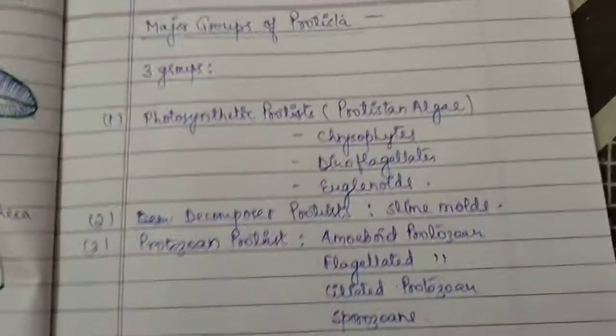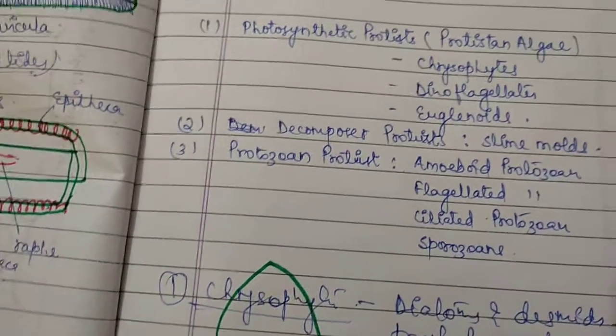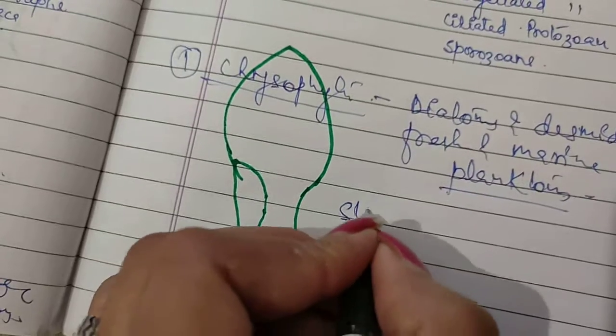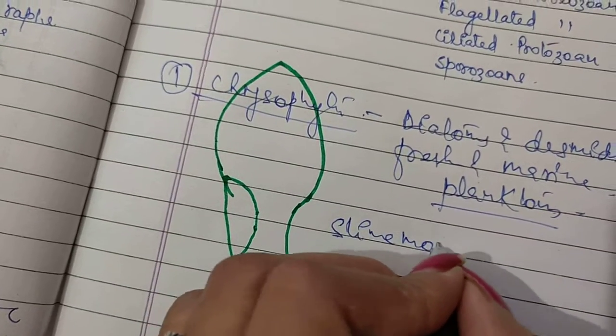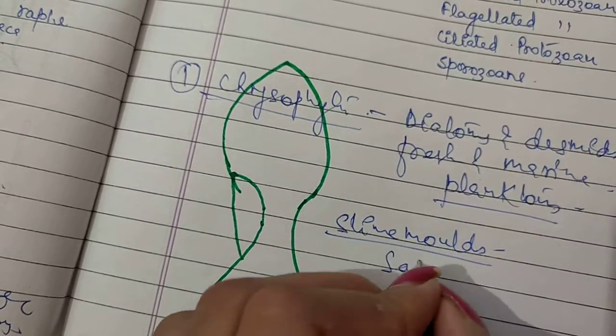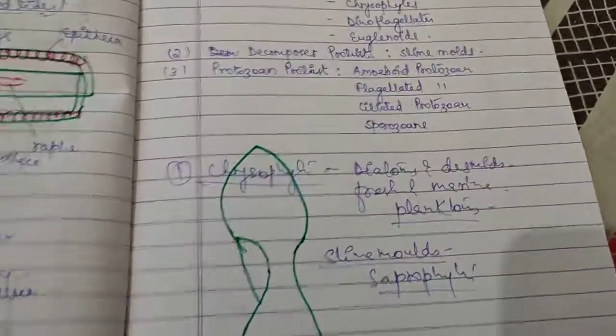Slime molds, as I told, are decomposers, and slime molds are saprophytic protists. As you know, saprophytes get their nutrition from dead and decaying substances.